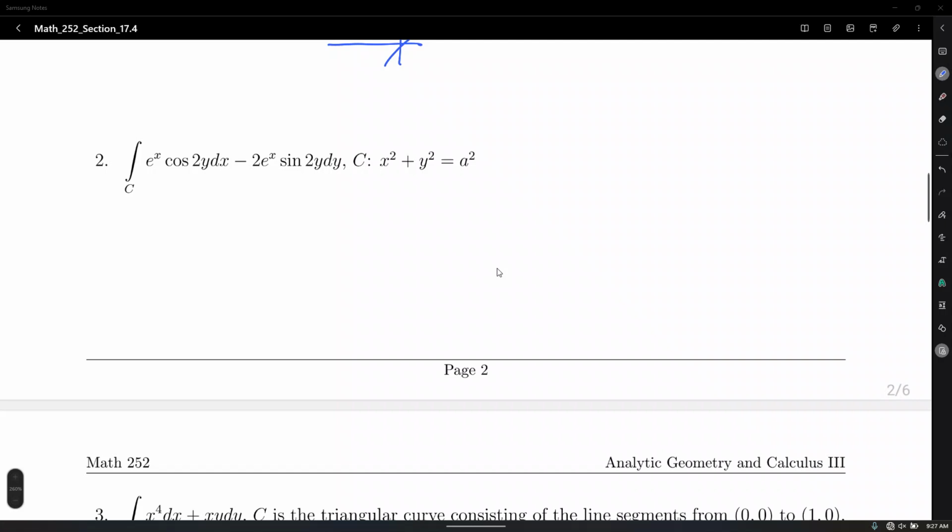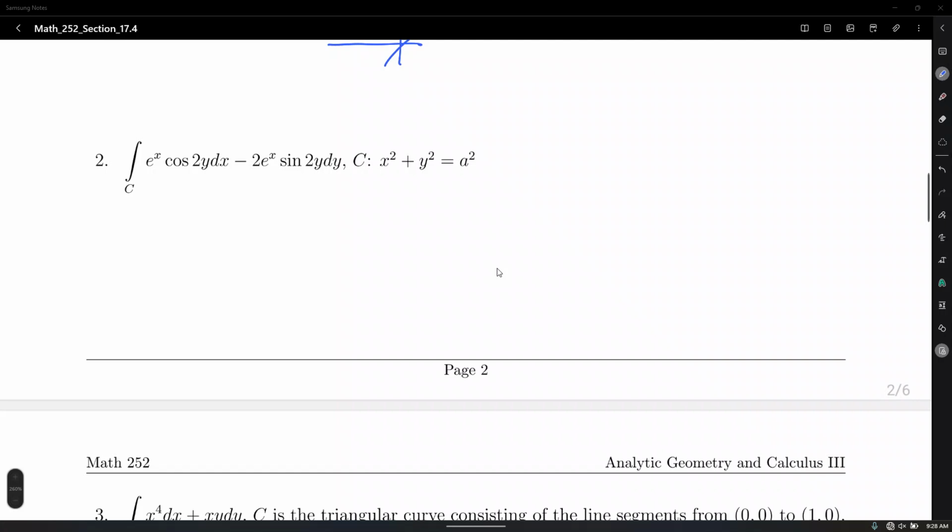Circle. Okay, what else can we tell about that circle? It's a full circle. Well, it doesn't say first quadrant or anything, but it's going to be a full circle. What else? Well, yes, it's a closed curve, but about this particular circle, what can we tell about it?